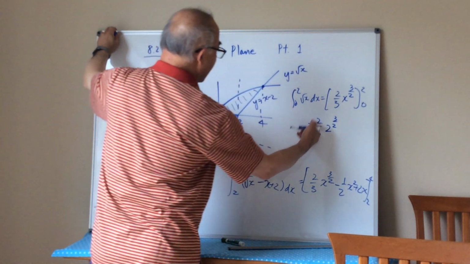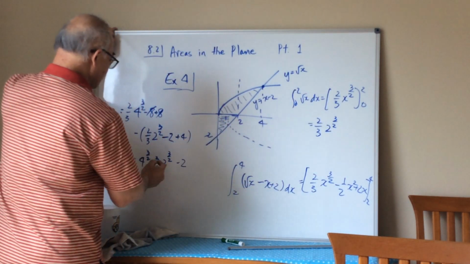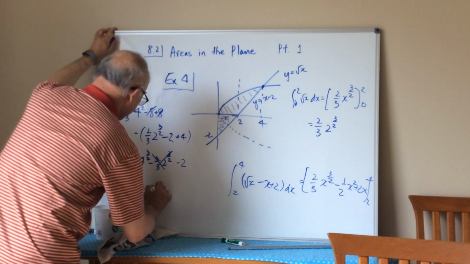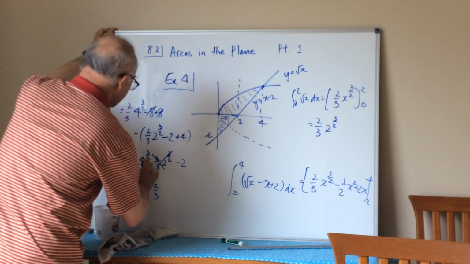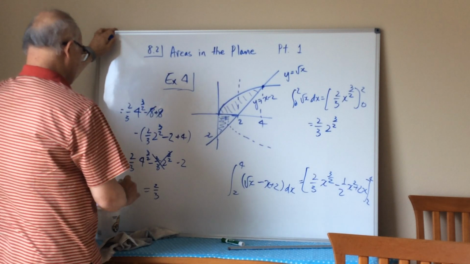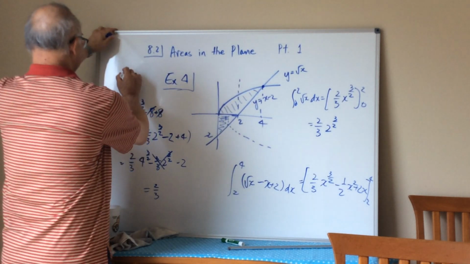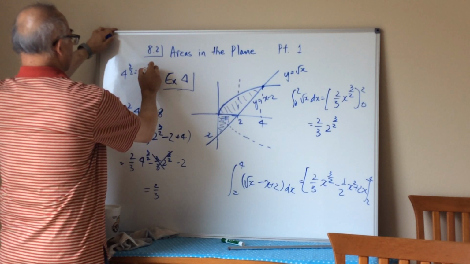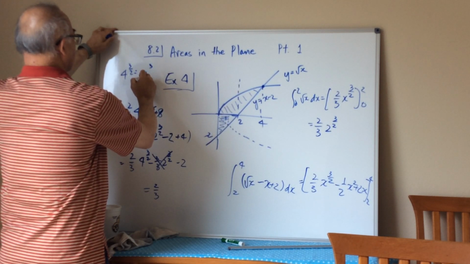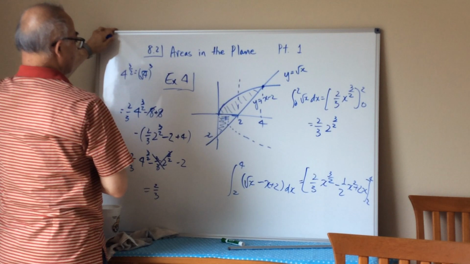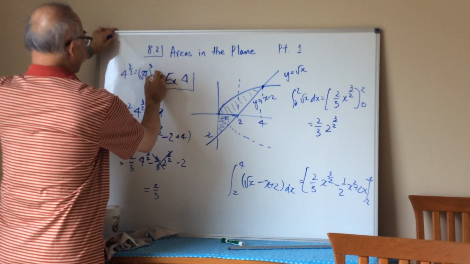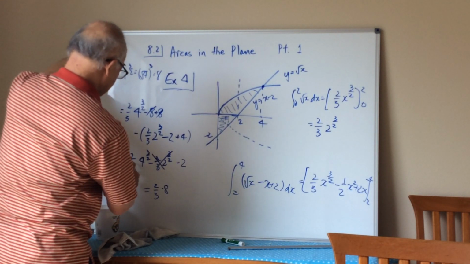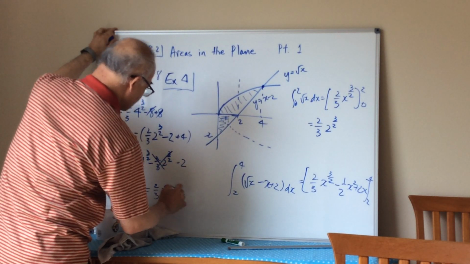Then to that I have to add this part, right? I'm going to have to add that. So basically that cancels out with that. So I'm going to end up with 2/3 times 4 to the 3 over 2, which is 2/3 times 8, that is 16 thirds, and then minus 2.